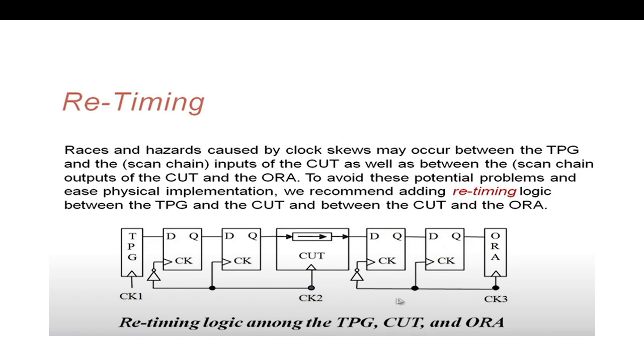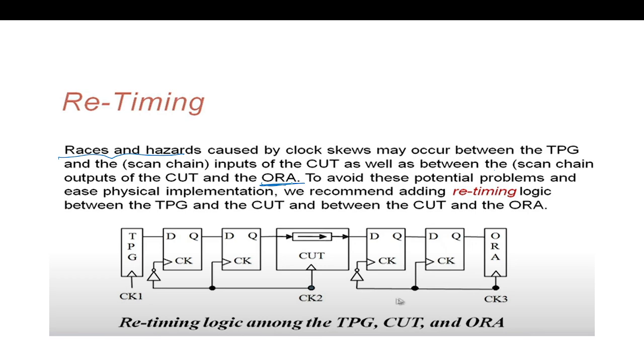Sometimes we need retiming because there may be some hazards or races caused by the clock skew, which may occur between the test pattern generation and the scan chain inputs of the circuit under test, as well as between the scan chain outputs of the circuit under test and the output response analyzer.